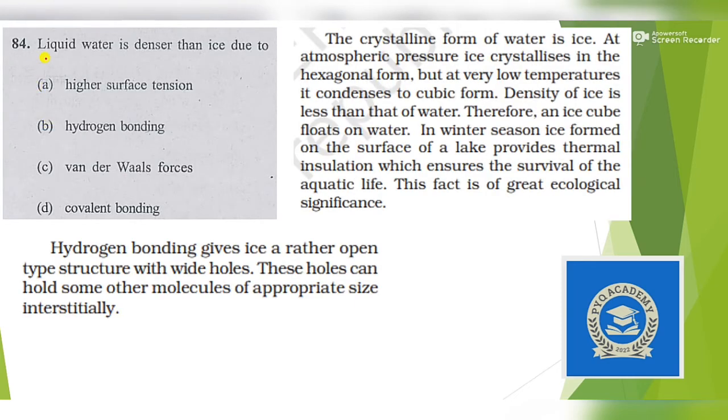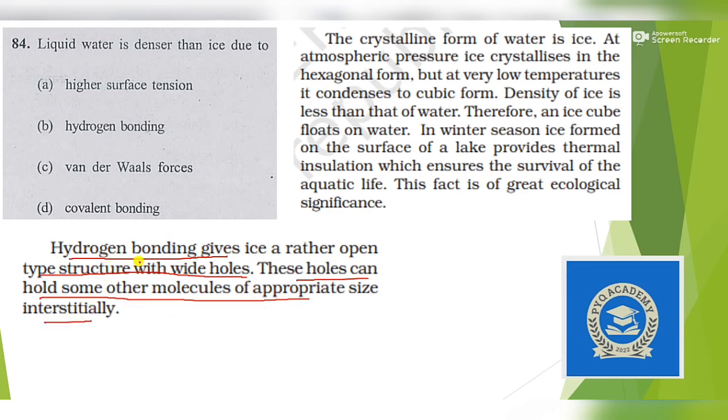Next question, liquid water is denser than ice due to, so answer is hydrogen bonding. So this is a higher-level question from the concept of higher NCERT. Hydrogen bonding gives ice a rather open type structure with wide holes. These holes can hold some other molecules of appropriate size.